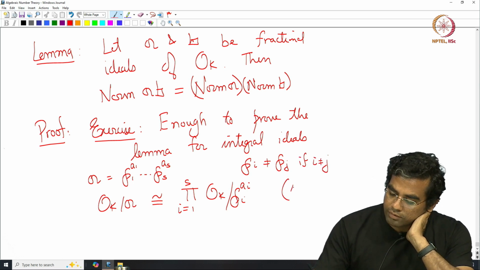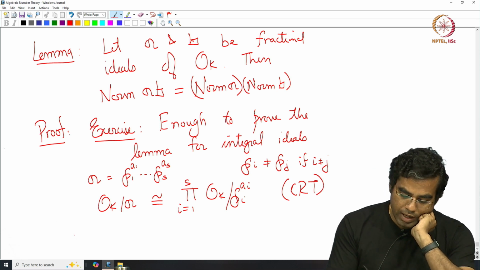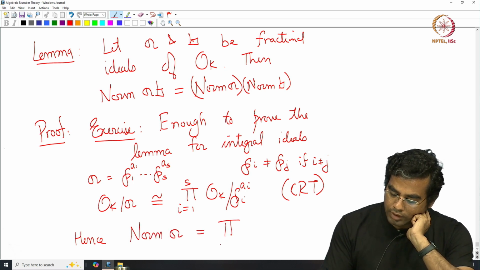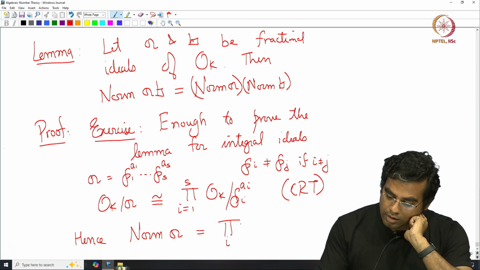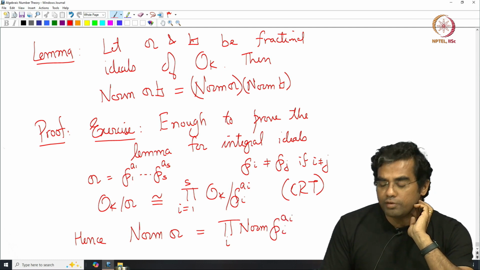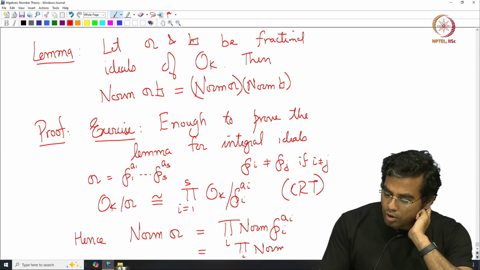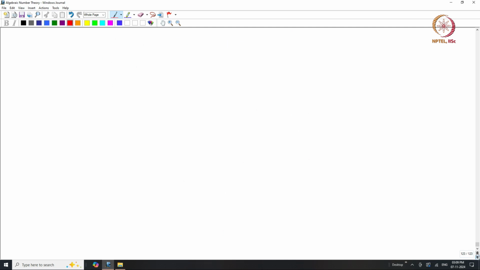This is a version of the Chinese remainder theorem that we proved. Hence the norm of A is equal to the product over i of the norm of Pi to the Ai, but we just proved on the previous page that this is equal to the norm of Pi to the power Ai. And the same thing would hold for B as well.